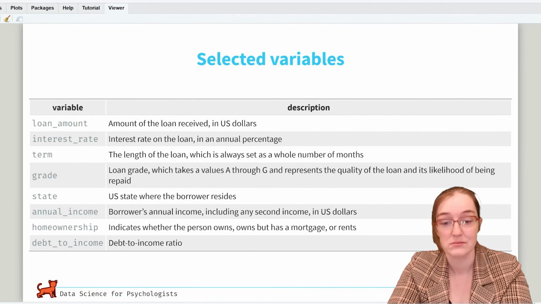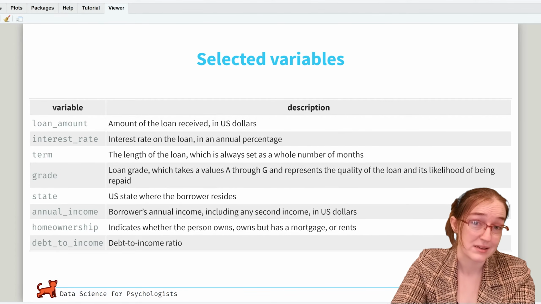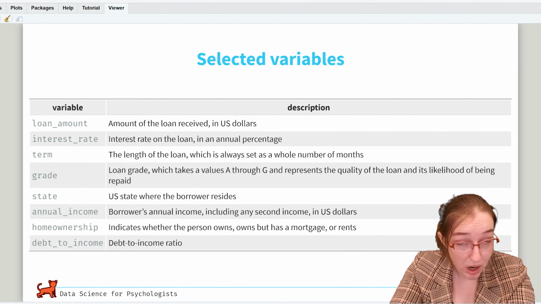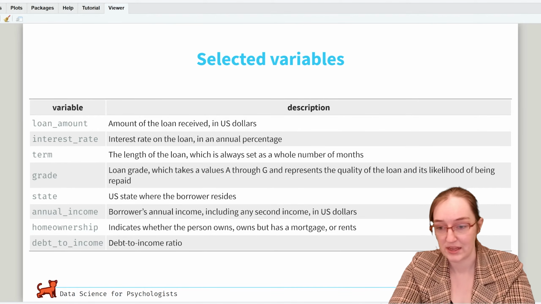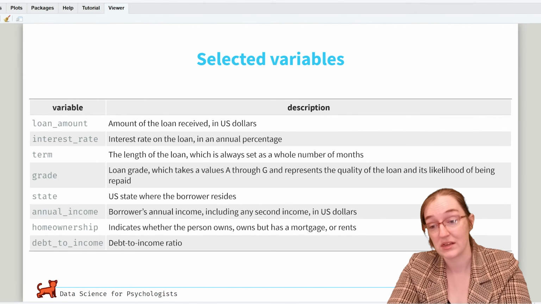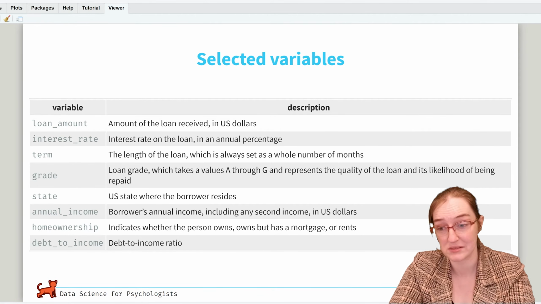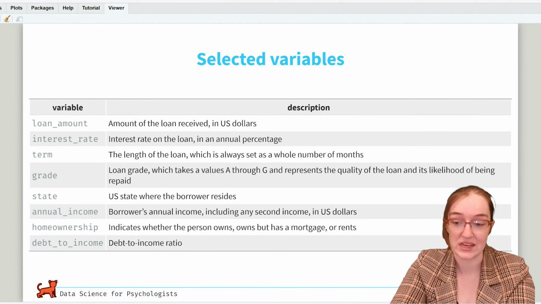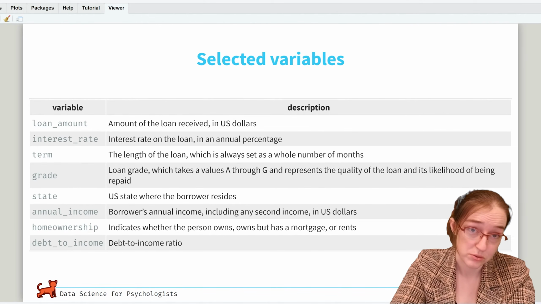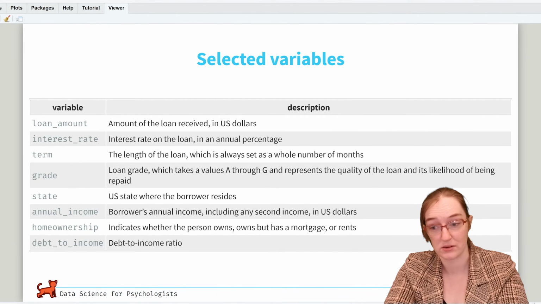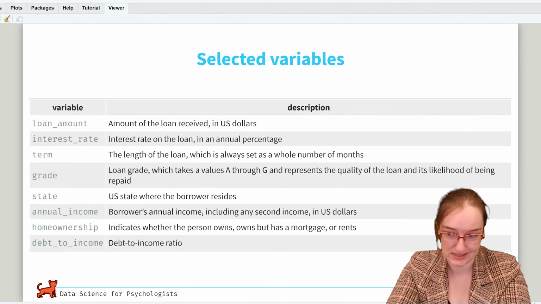Higher levels, more likely. State is where the US borrower resides, not the lender. Annual income is the borrower's annual income, including any secondary income sources, all in US dollars. Homeownership indicates whether a person owns, has a mortgage, or rents their home. And lastly, we've got a debt-to-income ratio.